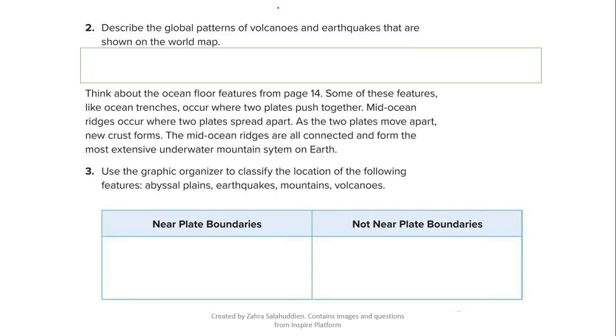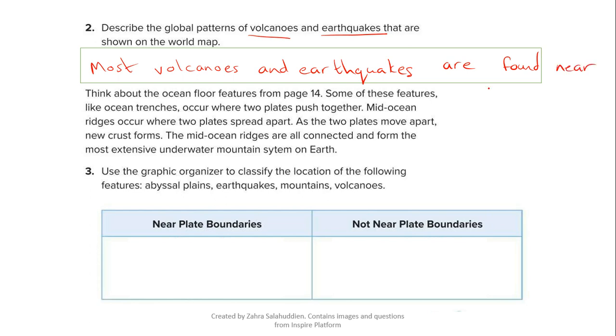Question 2 says, describe the patterns of volcanoes and earthquakes that are shown on the world map. So where do we find most volcanoes and earthquakes? So over here you will say most volcanoes and earthquakes, use your spelling, are found near plate boundaries.